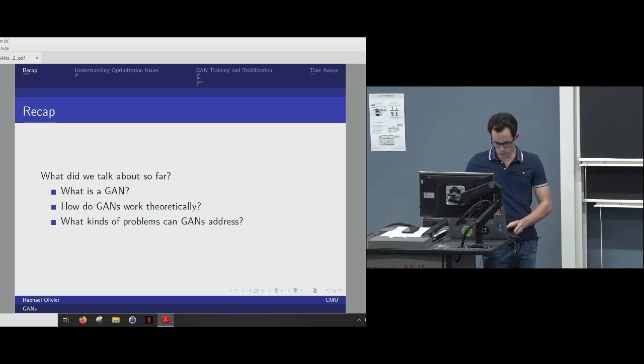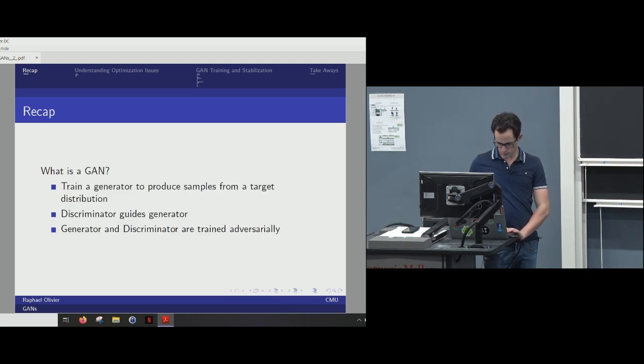Monday we saw what a GAN is, how it works, and what you can do with it. So what is it? At training, it's a couple of networks: a generator that tries to produce samples that are drawn from a target distribution, and a discriminator that plays the role of a loss function that's going to distinguish the generated and the real examples.